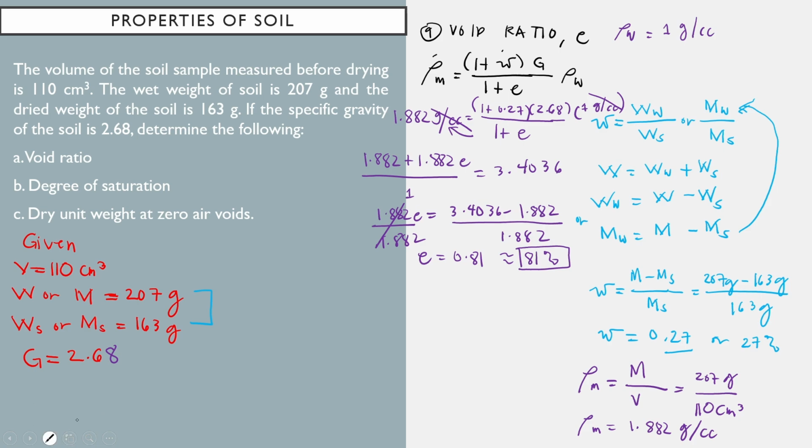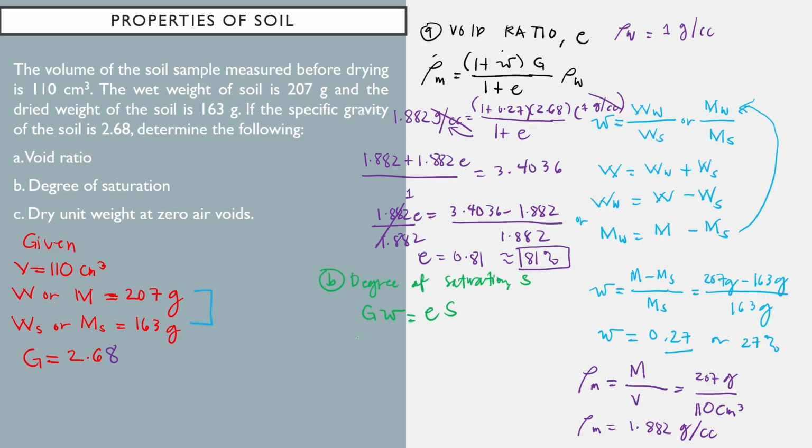Next is degree of saturation. Dito pwede natin gamitin yung G w equals S e. Since nakuha naman na natin yung water content and then yung void ratio natin, pwede na natin gamitin yung Gw = Se since binigay naman yung specific gravity na 2.68.